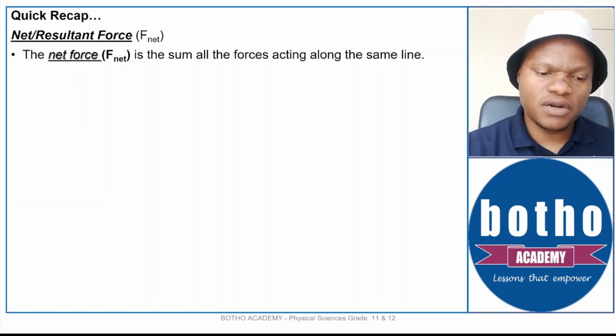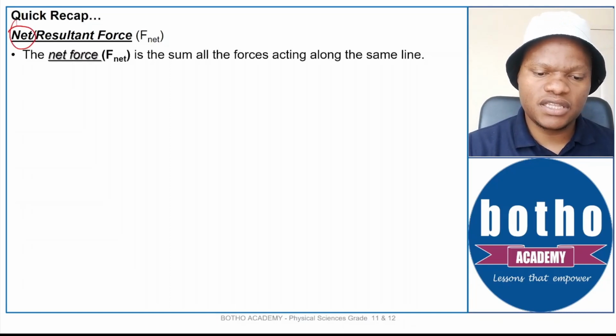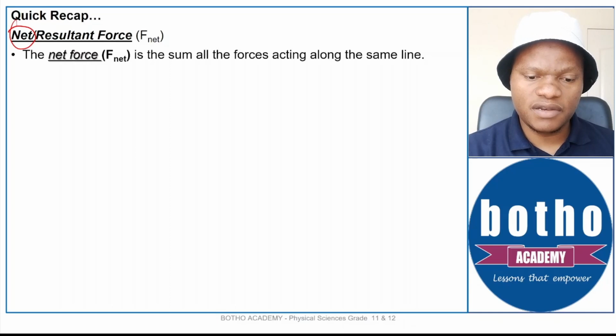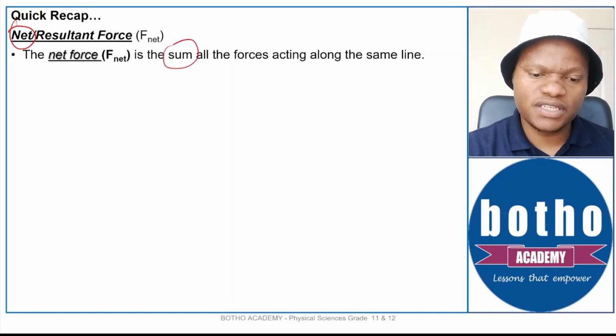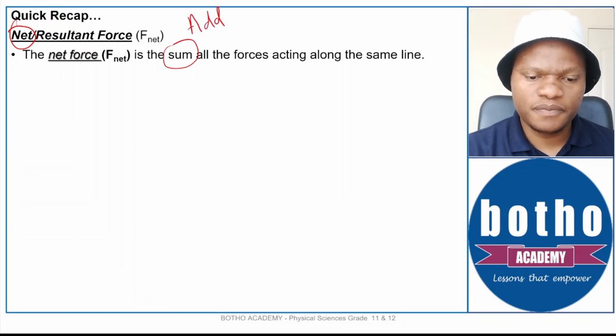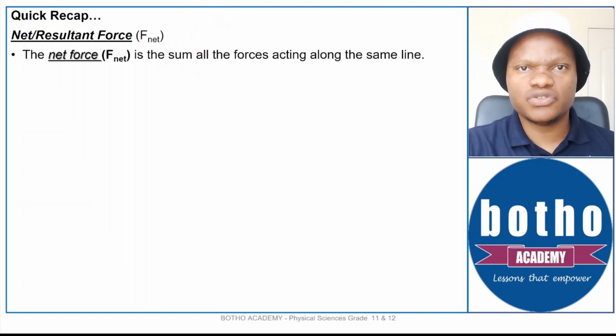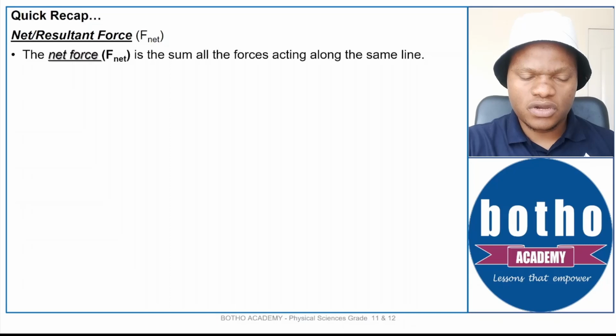Now, the first thing that I want us to understand is the word net. Please understand that in physics and in mathematics, net and sum go together, and what they essentially mean is that you are adding, okay? So if you see the word net or the word sum, you know that it means you will be adding a few components together to get your answer.